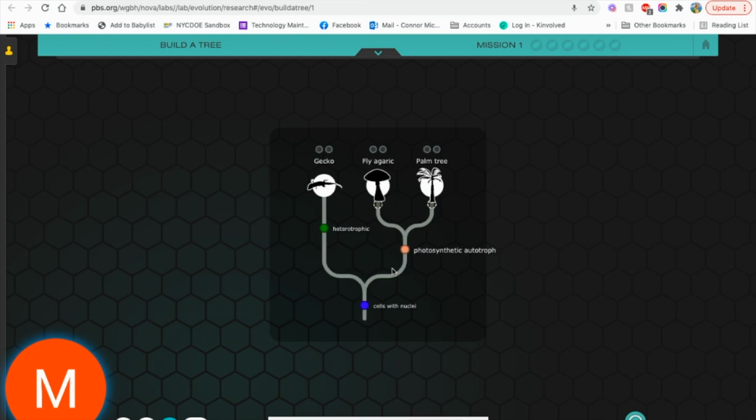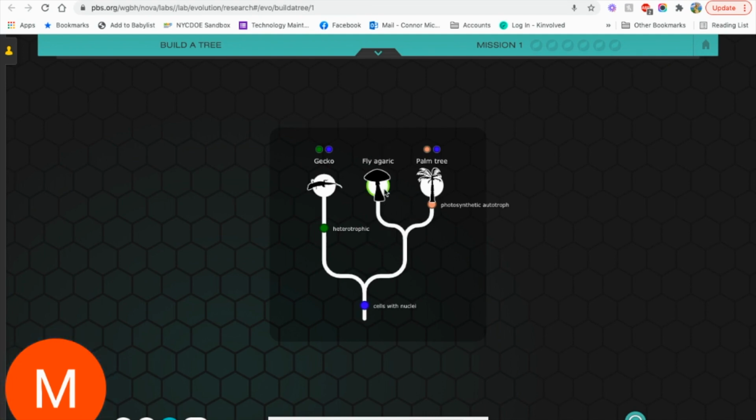Now you'll notice, if I do it again, that the pink will pop off the fungus because it does not apply to it. So I know that that's not right. Now if I move it over, you'll also notice that the fungus still does not have all of its color. So I know that's not in the right spot.